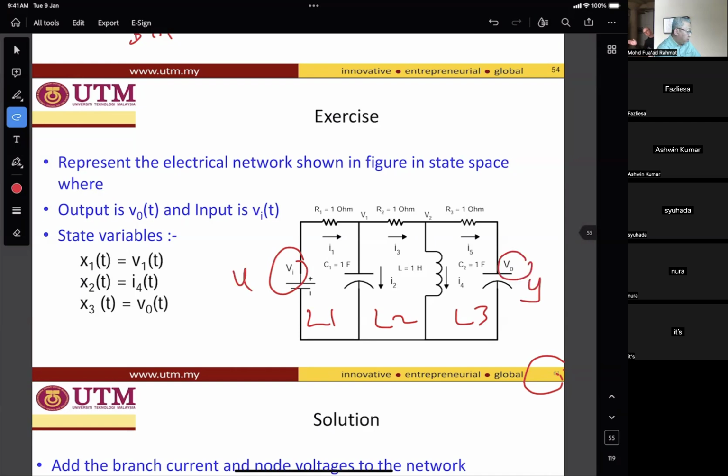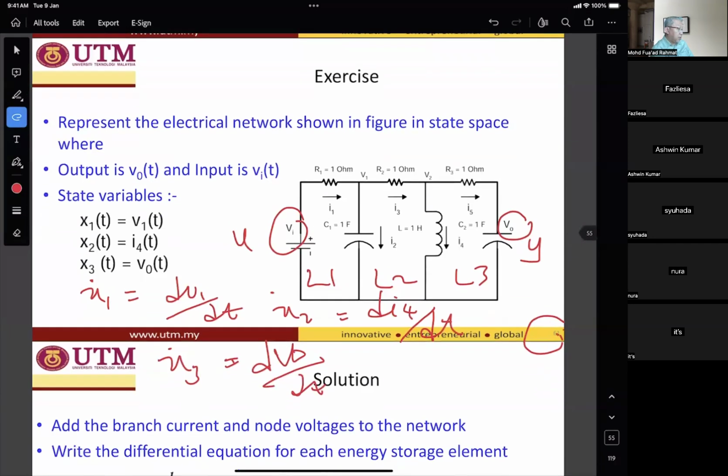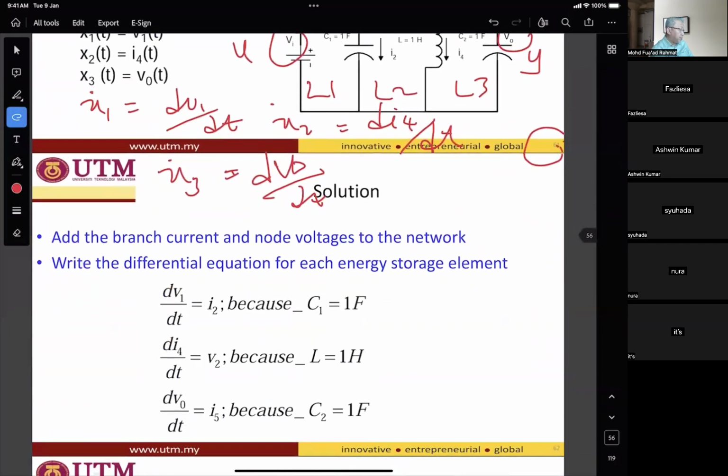So you have to find X1 dot, dV1 dt, X2 dot, dI4 dt, and X3 dot, which is dV0 over dt, the voltage drop at the capacitor.